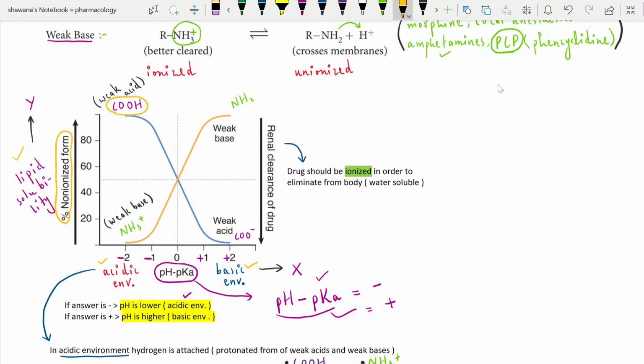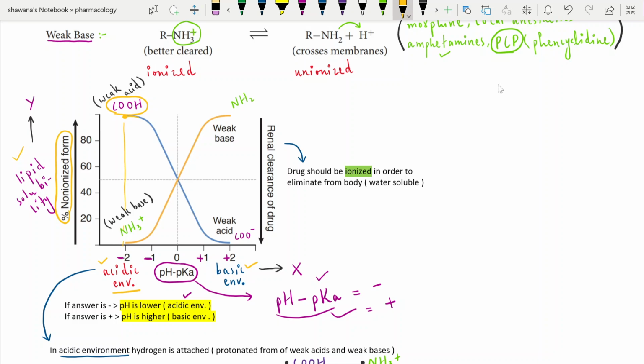At the top of the curve, it indicates that in an acidic environment, weak acids are present as the COOH form. These are non-ionized forms and they are more lipid soluble.